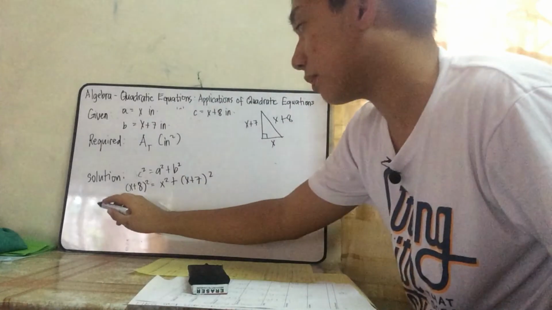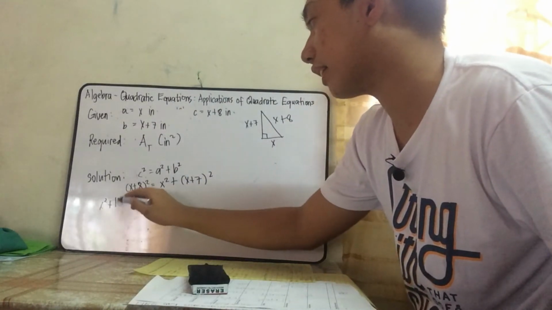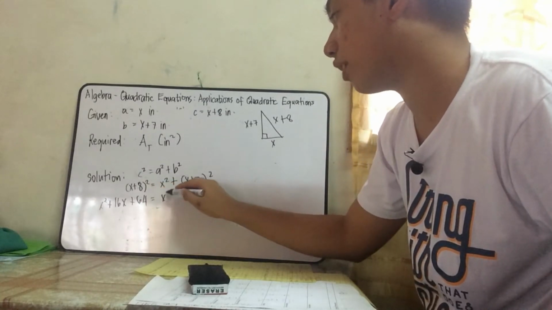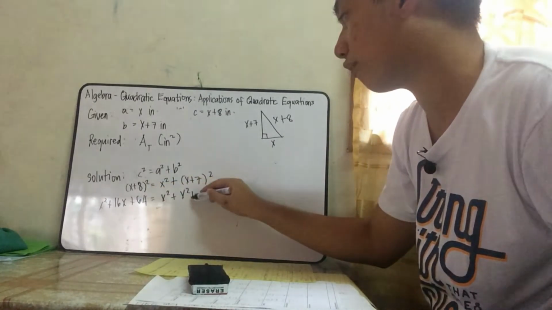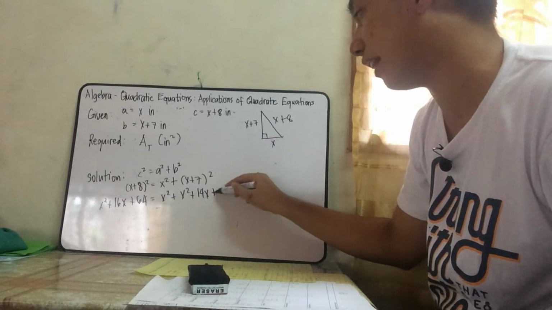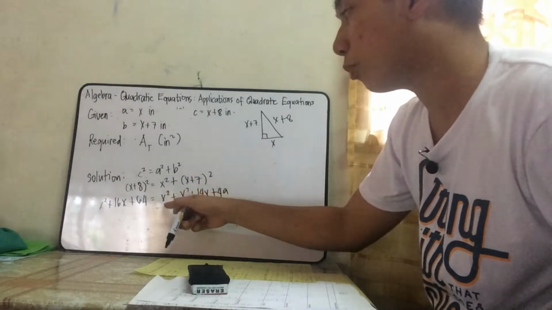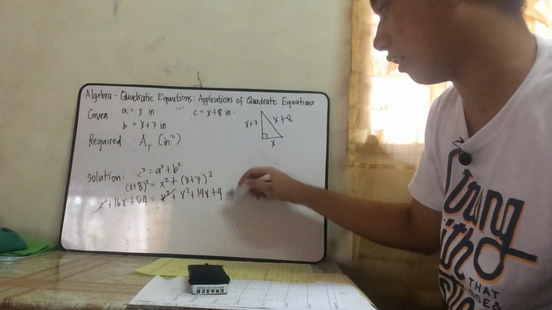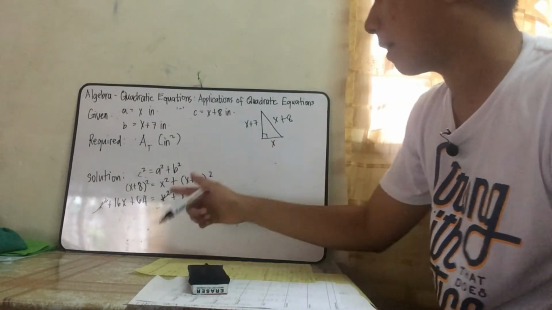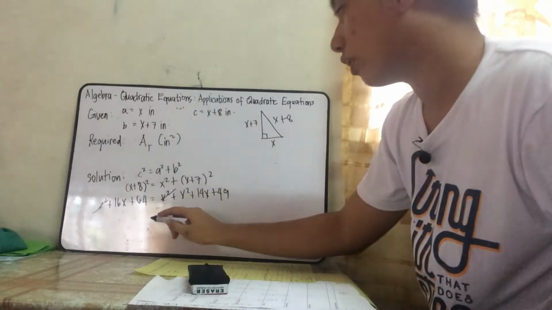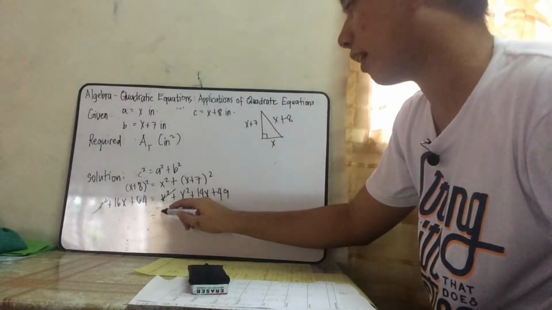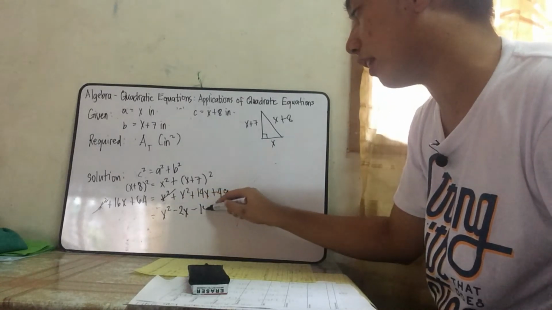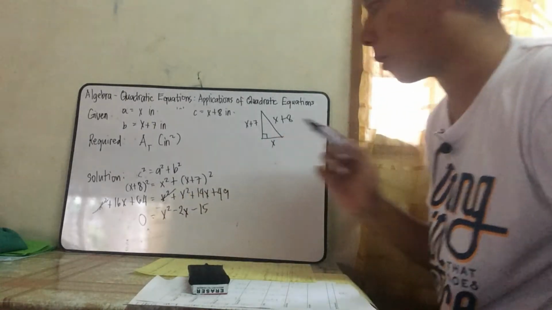Simplifying all, this becomes x squared plus 16x plus 64 is equal to x squared plus x squared plus 14x plus 49. May x squared po dito, may x squared dito, so this cancels. Kasi paglipatan din, 0 pa rin ang solving niyan. Then, if we reduce everything, this becomes x squared minus 2x minus 15 is equal to 0. Okay?